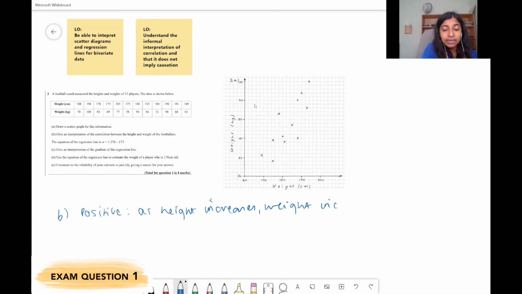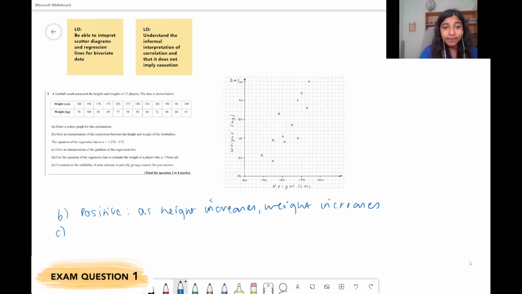So part C, we have the equation of the regression line is W equals 1.37H minus 173. We want to give an interpretation of the gradient of this regression line. So the gradient is 1.37.